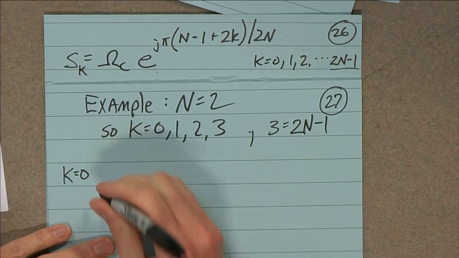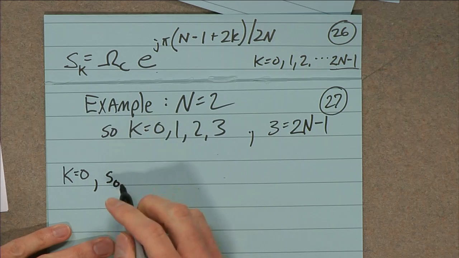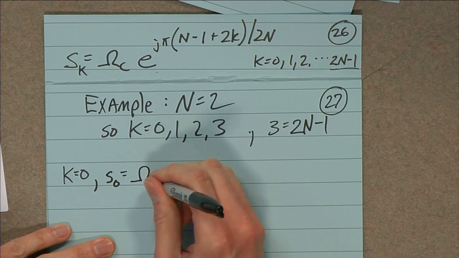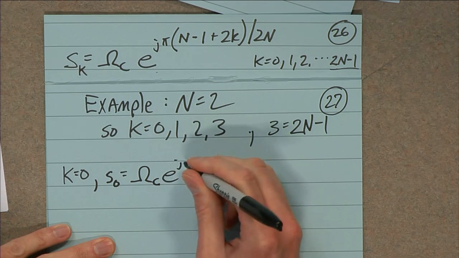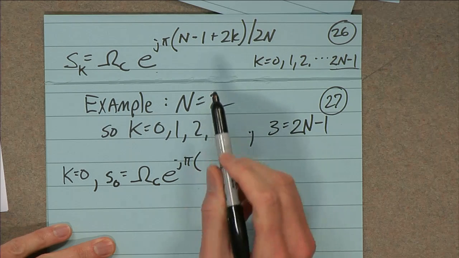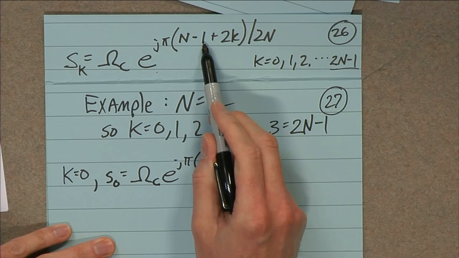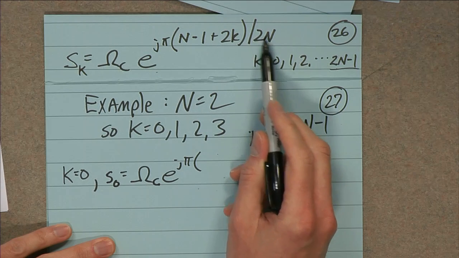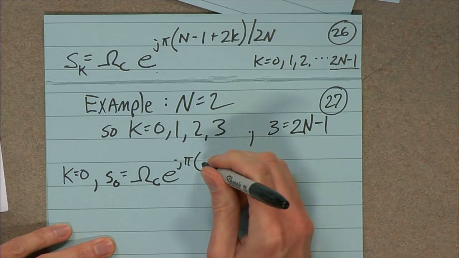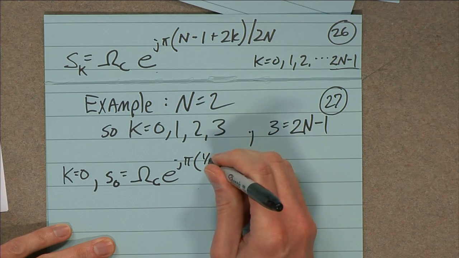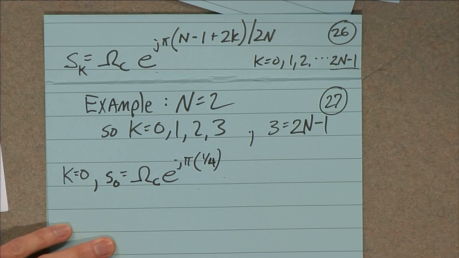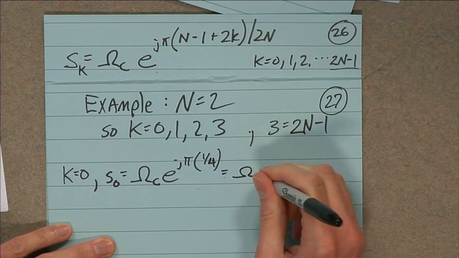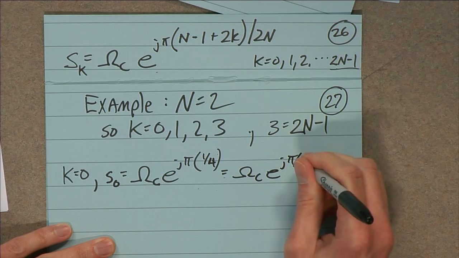If we plug in k equals 0, that's S sub 0, which will be omega c e to the j pi, and n is 2, so 2 minus 1 is 1. 1 plus 2 times 0 is just going to be 1, all over 4, right? So that's 1/4. So we'll say that's omega c e to the j pi over 4.